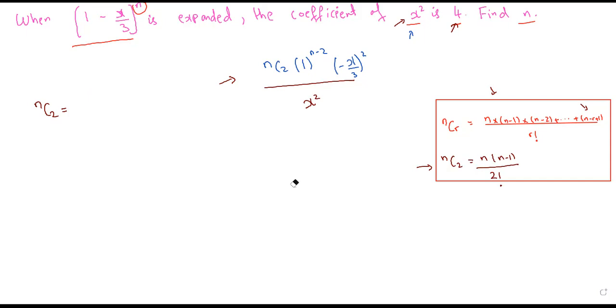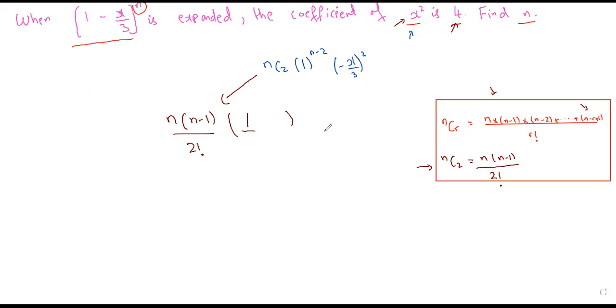Okay. So NC2 is N into N minus 1 divided by 2 factorial, and then multiplied by 1 by 3 square, because we have 3 here, we have 2 here, minus x square would be x square, and 1 to the power anything is 1, right?